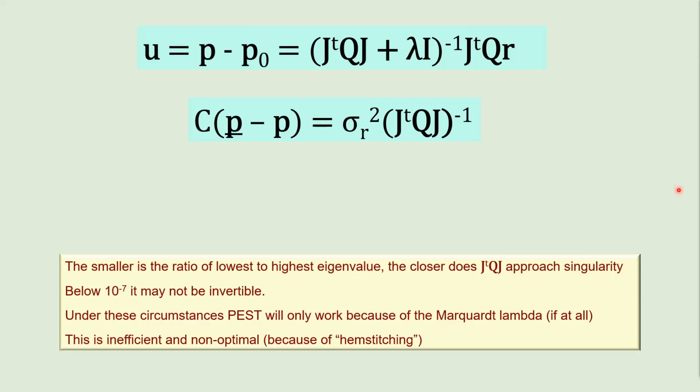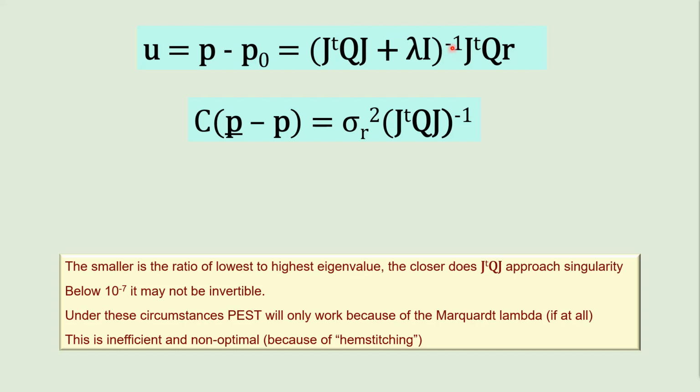When PEST solves the inverse problem, as we have just said, it supplements this matrix by adding terms to the diagonal before it does an inversion. So even if an inverse problem is non-unique, PEST can often still obtain parameter values corresponding to a minimum of the objective function.